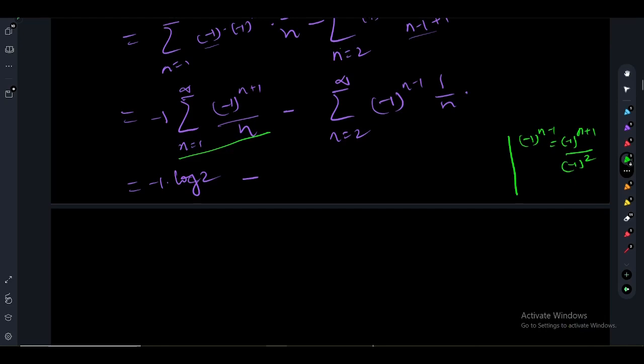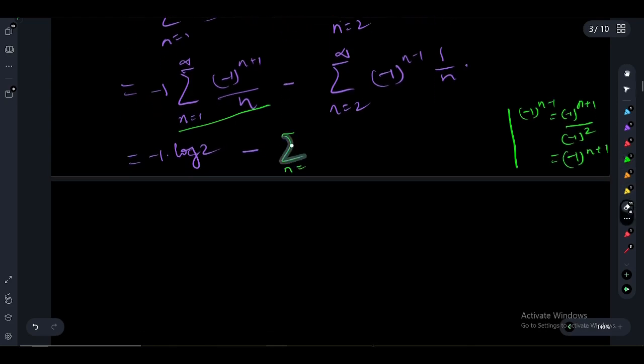Since we know that minus 1 whole square is 1, and anything divided by 1 is itself, we have this as minus 1 whole to the power n plus 1. So we can replace minus 1 whole to the power n minus 1 with minus 1 whole to the power n plus 1.